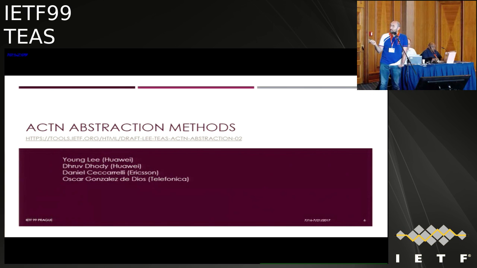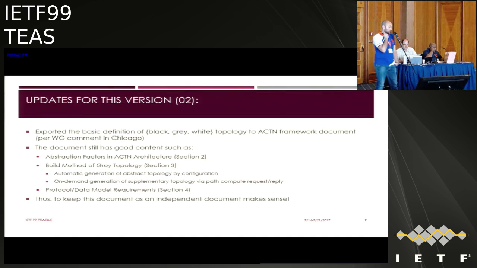So we had a similar discussion about the ACTN abstraction methods. And in the end, we decided to have some text from the draft in the framework. Just to recap, what is described in the abstraction method? All the different ways in which the topology can be presented from the PNC to the MDSC over the MPI, and from the MDSC to the customer.